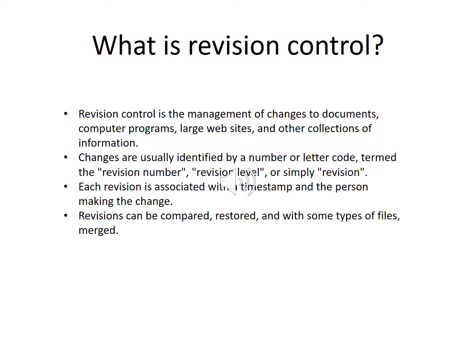Revisions can be compared, restored, and with some types of files merged. In other words, it's the version of the software, transforming that to most observed phenomena in our real world. That would be the software version.